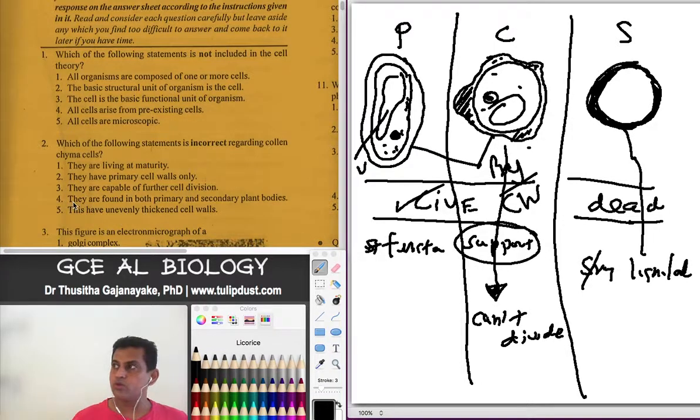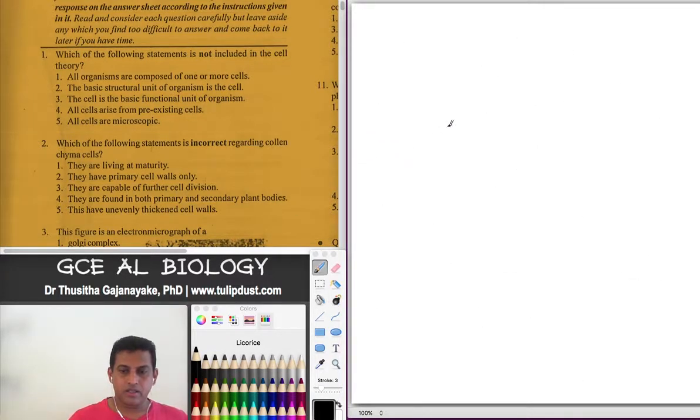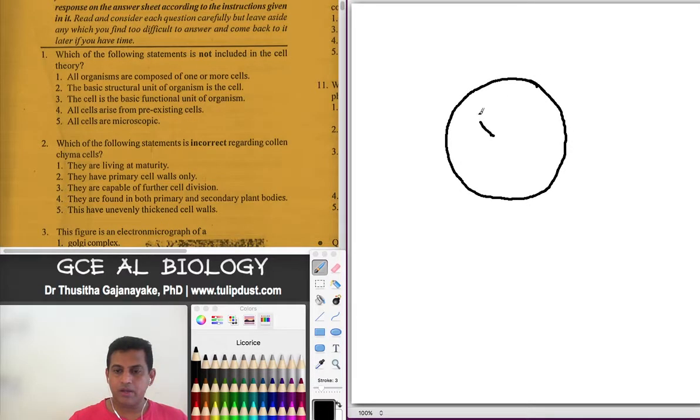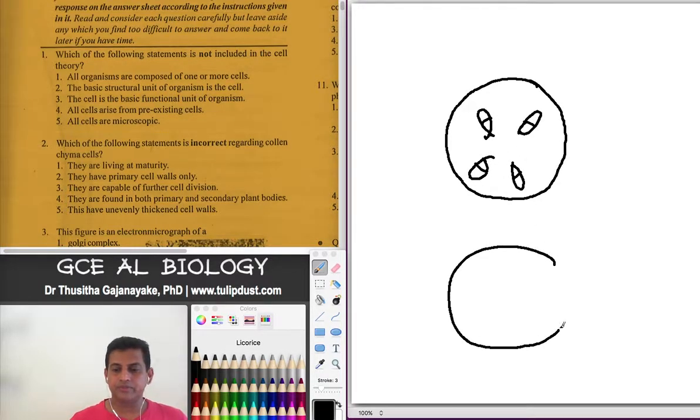The fourth one: they are found in both primary and secondary plant bodies. Right, the primary and secondary. I will just focus now on learning what is primary. That's a primary stem, and for the secondary one we have this vascular cambium.